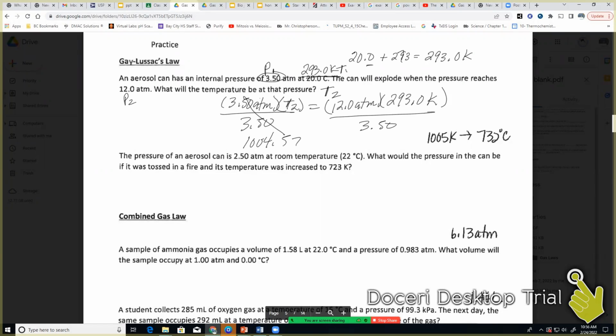I think you got 1004.57 with some other numbers behind it. This gets a little tricky because I can only have 3 sig figs, so it has to go in scientific notation. The only way I can get this number with 3 sig figs is 1.00 times 10 to the third, and my units are Kelvin.